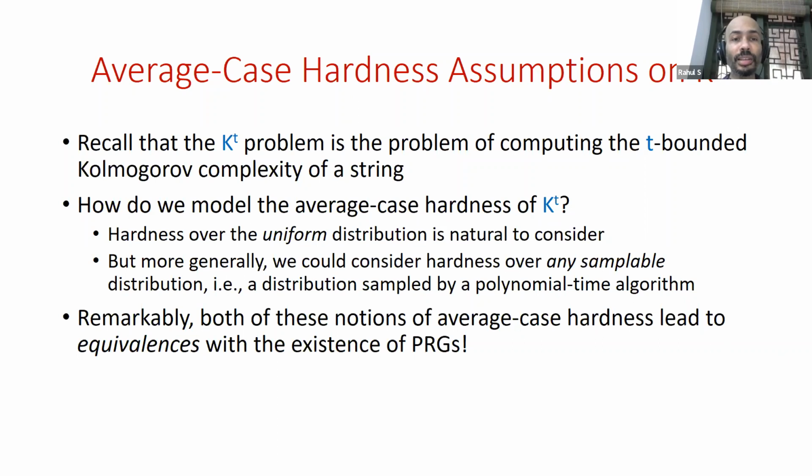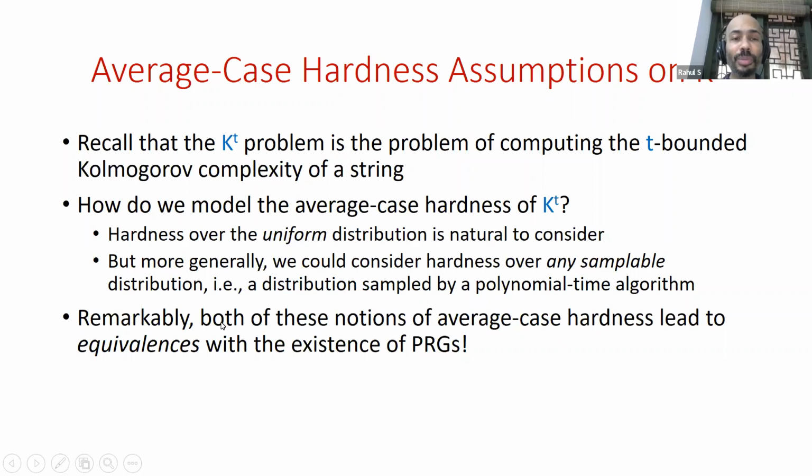One very natural distribution is the uniform distribution, and that makes sense for K superscript T. We know that random strings are likely to have high complexity, but still, computing the Kolmogorov complexity exactly might be hard to do. So hardness over the uniform distribution is natural to consider. But more generally, we would consider hardness over any samplable distribution, namely a distribution sampled by a polynomial time algorithm.